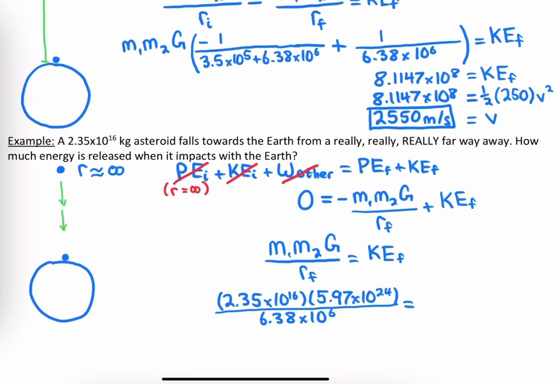And if I plug that into my calculator, I get something completely wrong because I've neglected to put big G in my calculation. So let's fix that and add that in right now.